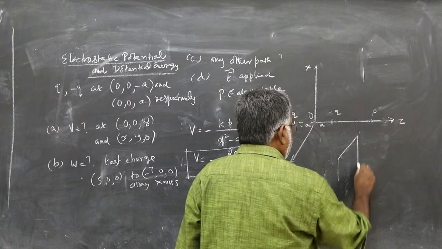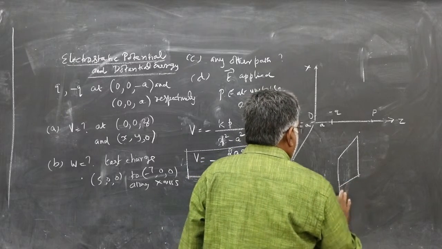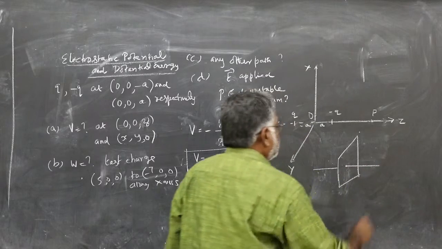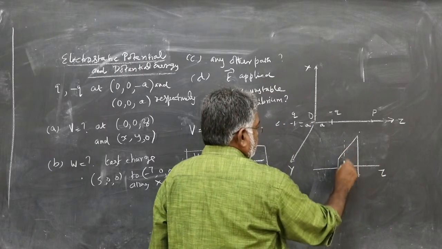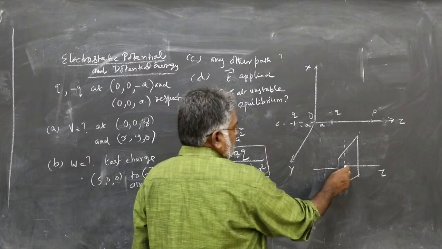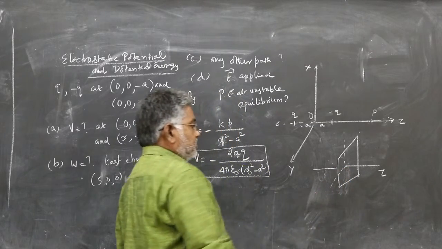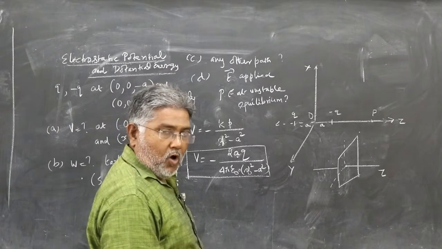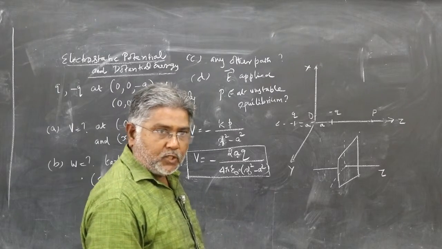Say this is the xy plane, and this is the z axis. So all the points on this xy plane will be equatorial points.